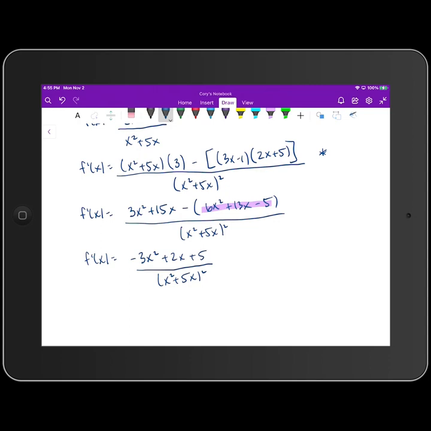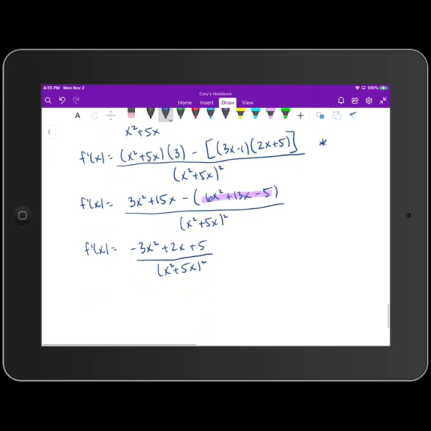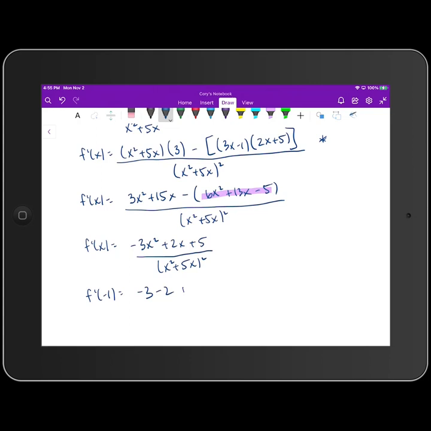Now I'm going to evaluate that derivative at x equal to -1. So f prime of -1 is going to be negative 3 times negative 1 squared. Negative 1 squared is 1 times negative 3, that's negative 3. Plus 2 times negative 1, that's minus 2. Plus 5.